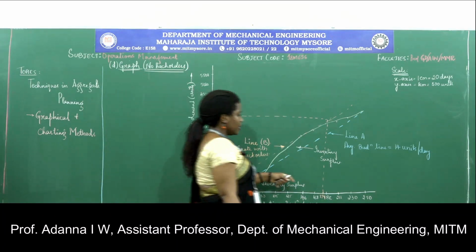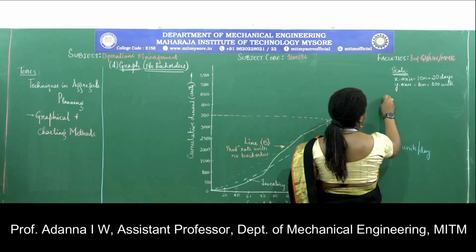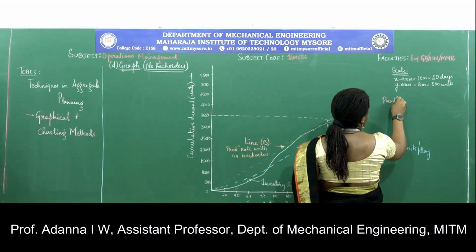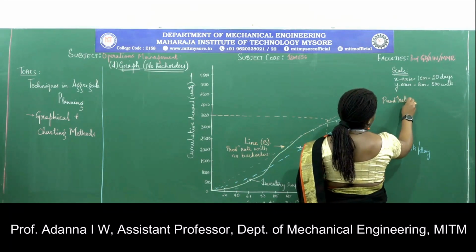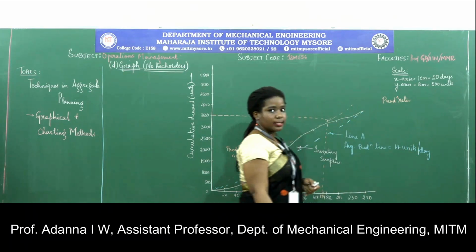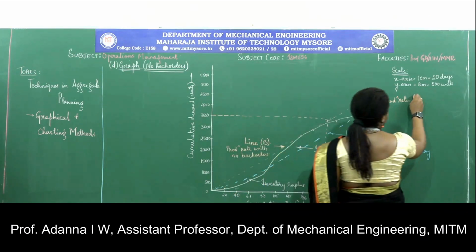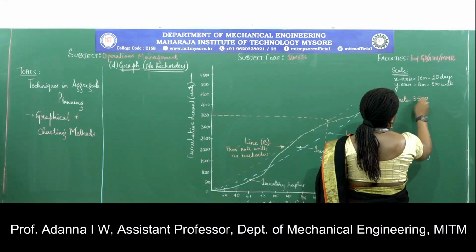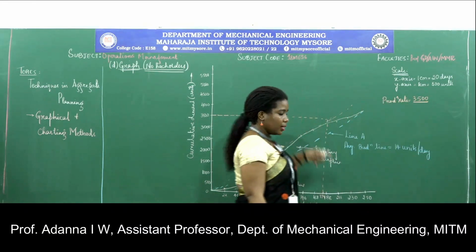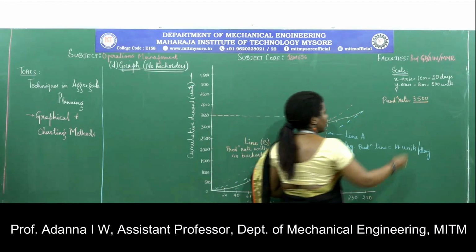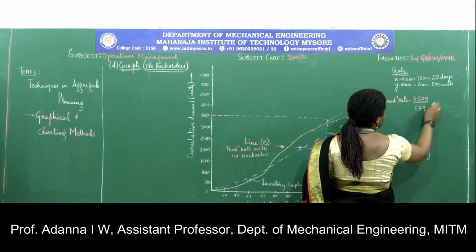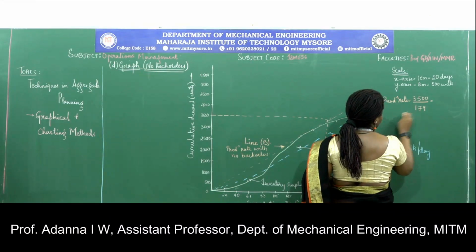Then you can say that if at all there are no back orders, the production rate is equal to the total demand that we have with no back orders. Looking at this graph, I'm getting 179. Please note, this is a value that you get from the graph.